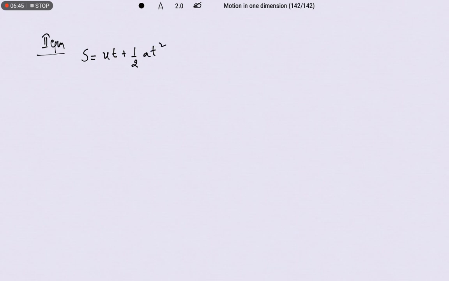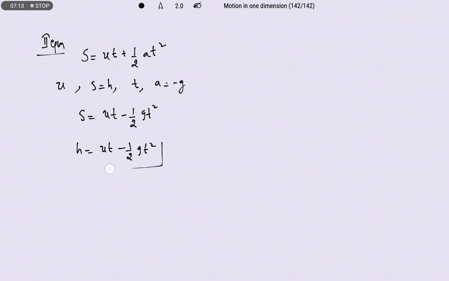So for this vertically projected upwards body, u equals u and distance s equals h, we can write, after time t we are going to find its height. Acceleration due to gravity will be minus g. Now let us write s equals ut minus half gt square.